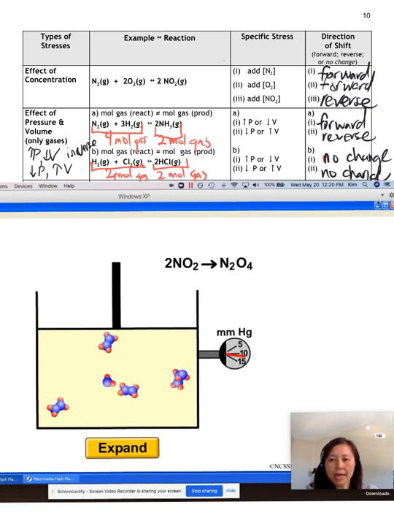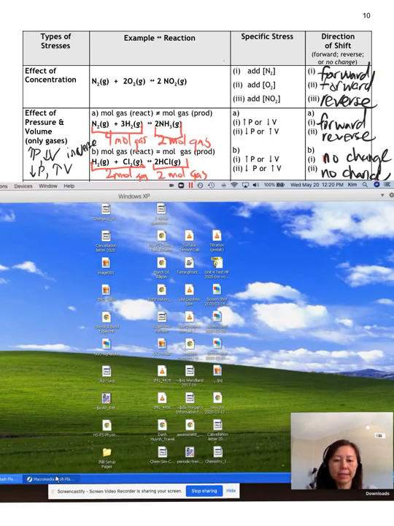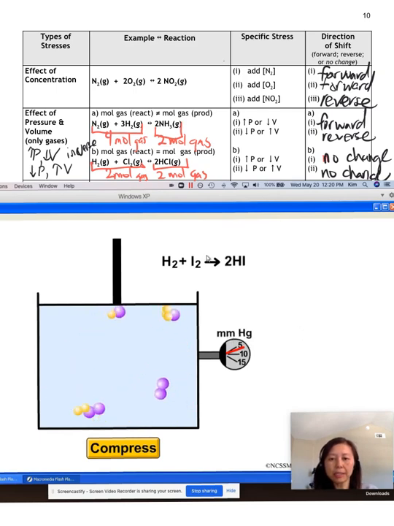So let's go ahead and look at another scenario, another reaction. In the second reaction, you're going to see the reactants, which are the yellow ones, the hydrogen diatomic molecule, and purple are the iodines.